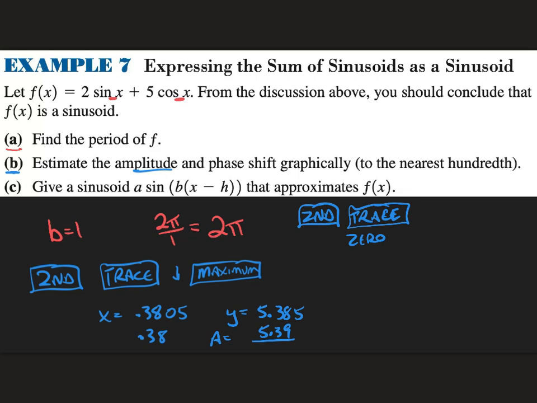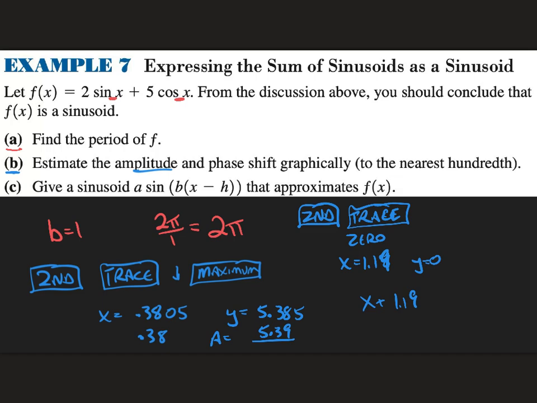And then again, you go below the x-axis as your left bound, hit enter. Right arrow above your x-axis for right bound, hit enter again. And the zero is going to occur when x equals 1.1919 and y equals 0. The shift is left, so it's plus. So it's x plus 1.19.